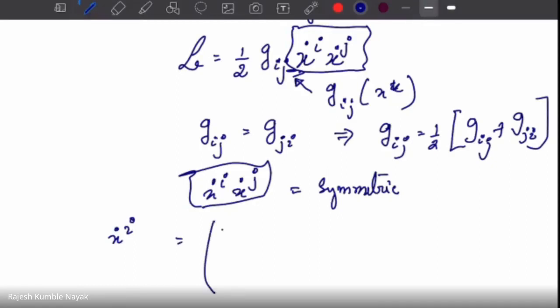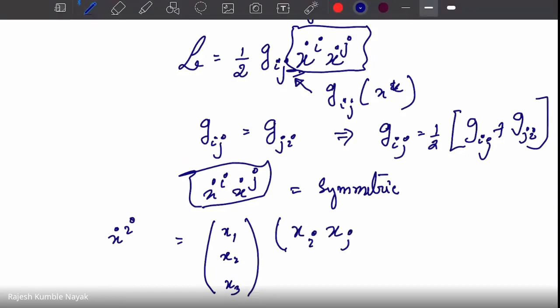You can write it as x1, x2, x3, 3 coordinates only. Okay, you could have a general thing, but let's stick to real space. Now, what is ẋ^i ẋ^j? It is basically, in the vector notation, if you write it, a product of this quantity.